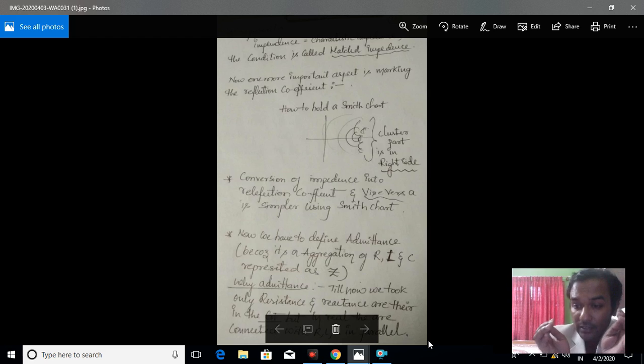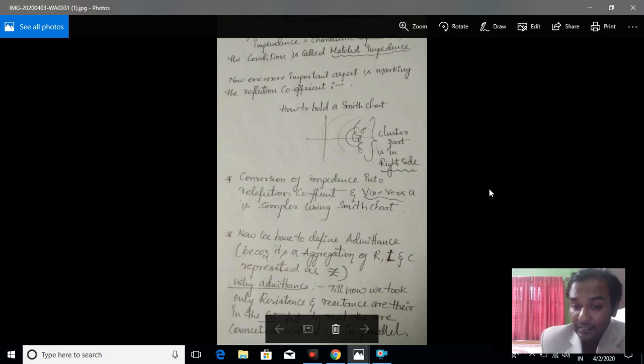It is nothing but the aggregation of all the components which are present. Till now we took only resistance and reactance, and there are circuits in real time which connect all the possible devices like resistance, inductance, and capacitance, in parallel or serial. That's why the admittance part will take a very important aspect in this form.